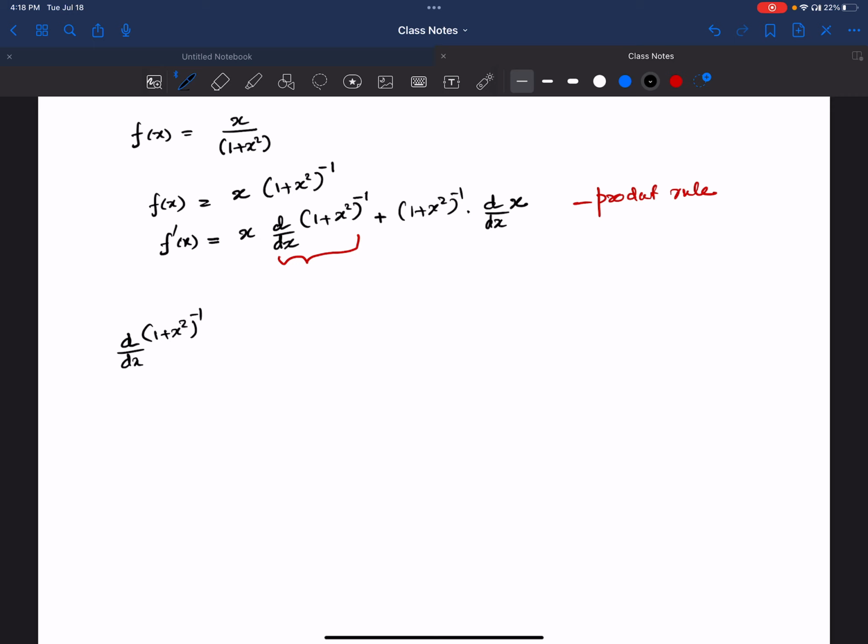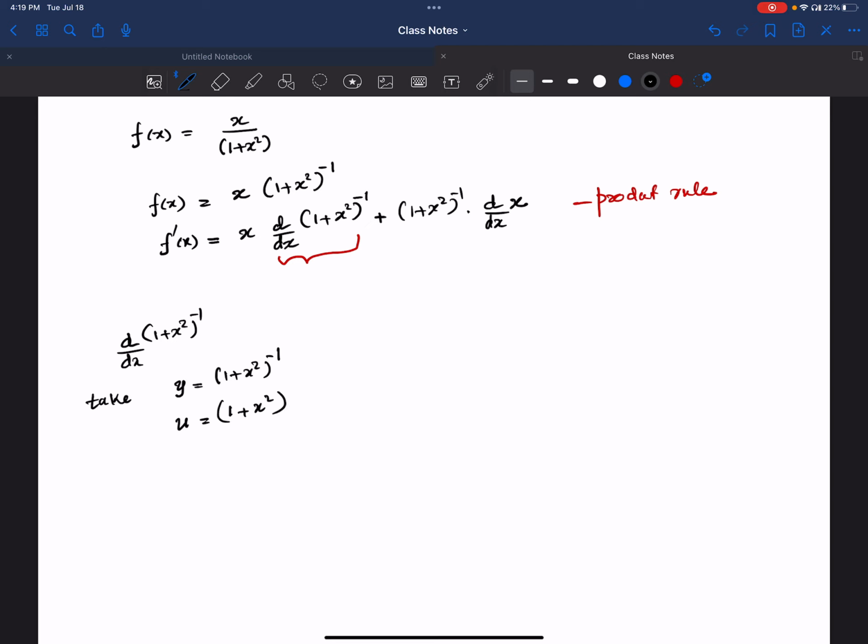Let's take y equals 1 plus x squared to the power minus 1, and u is equal to 1 plus x squared, right?